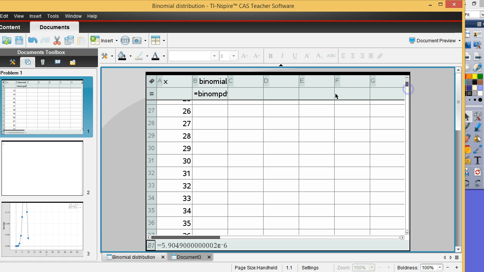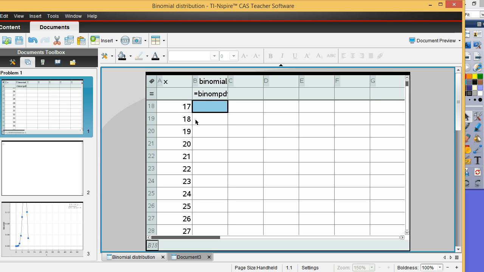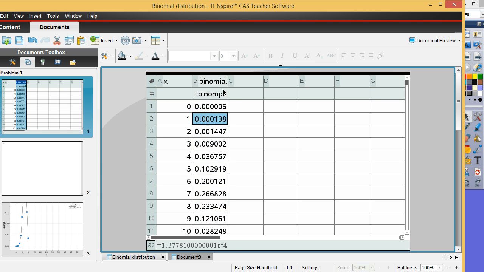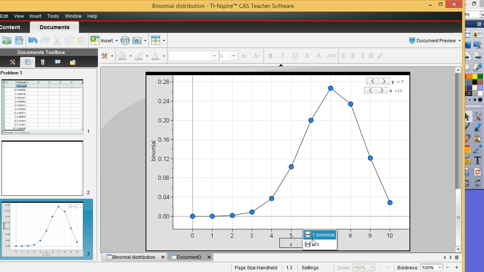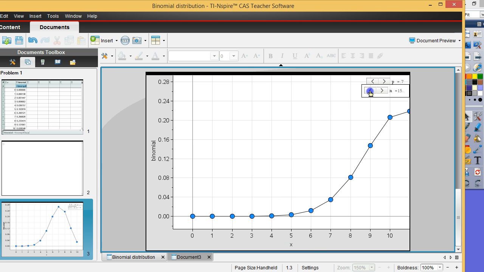I've produced the binomial distribution using this rule up in the column formula here. And I've done a scatter plot of the binomial versus x variables.